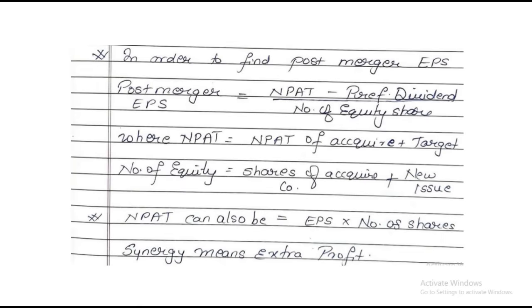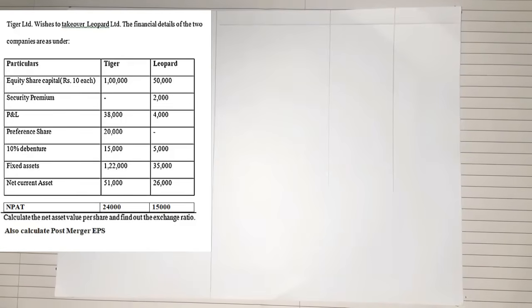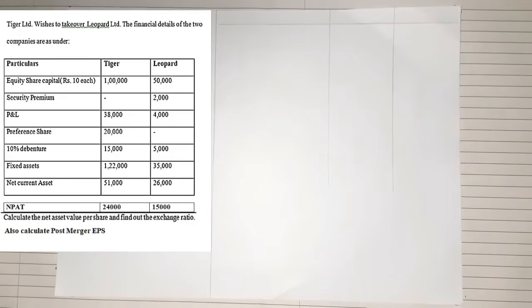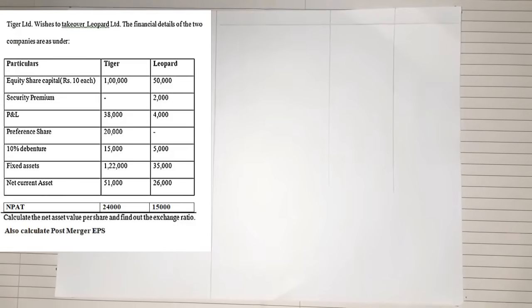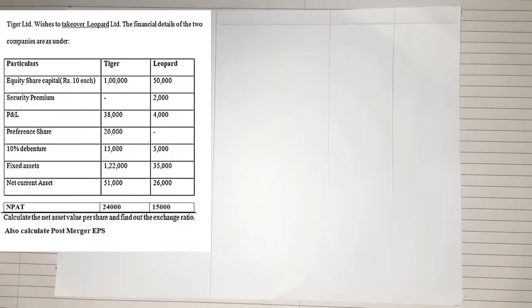So now let us see how to apply this particular method with the help of a problem sum. Let us go through the question once. In the question it is given that Tiger Limited wishes to take over Leopard Limited. The financial details of the two companies are as under. They are giving you equity share, security premium, profit and loss account, preference share, debentures, fixed assets and current assets.